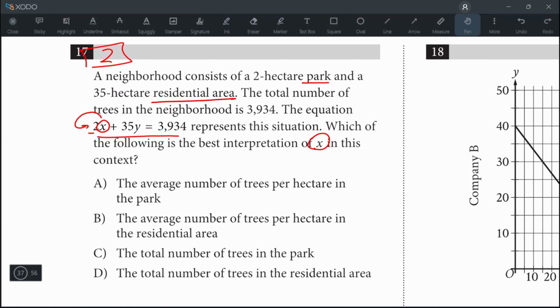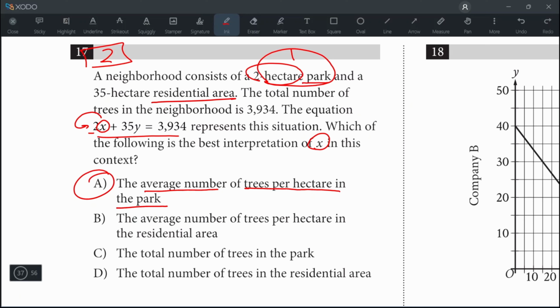And the number 2 is equal to the number of hectares. So x is equal to the number of trees in 1 hectare of the park. So x is the average number of trees per hectare in the park, which is choice A.